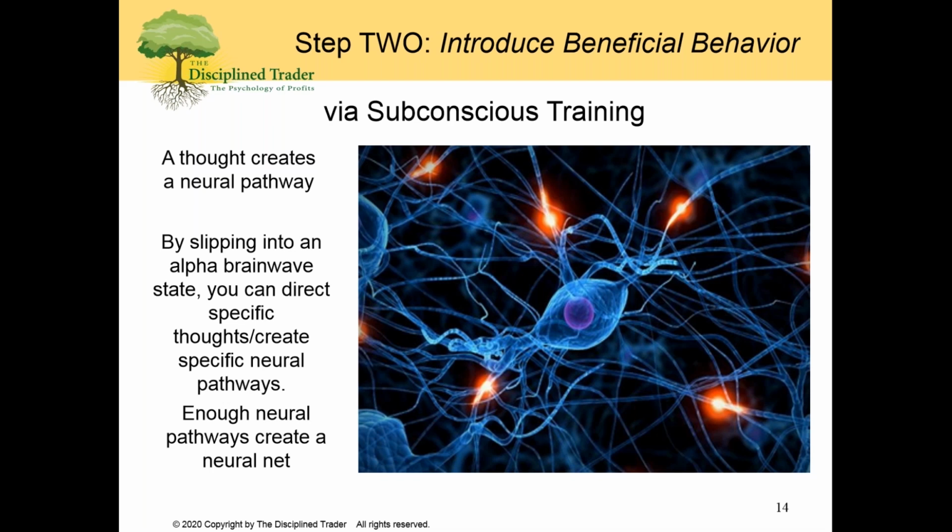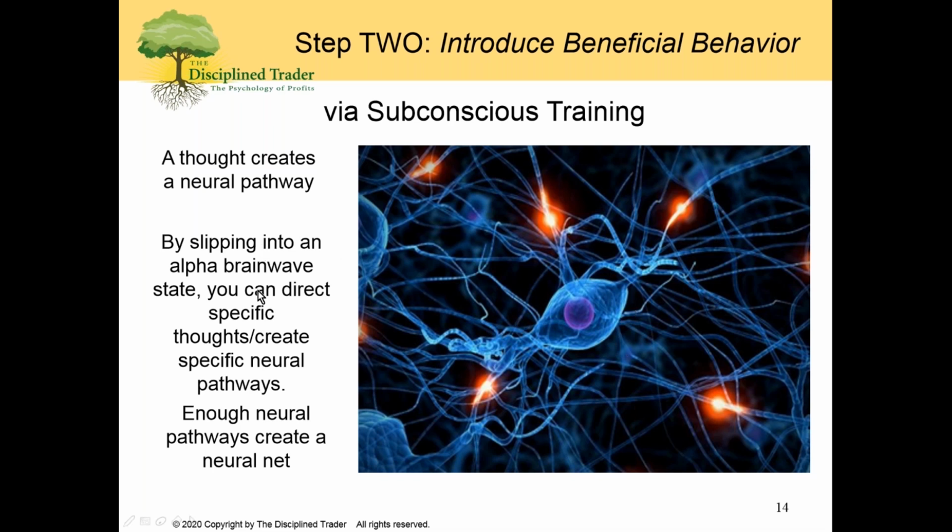So when you build a trading neural net with the behavior that serves you as a trader, then when the stimulus comes, it will replace the old neural net. Now it's your fresh neural net. And if you just do this subconscious training once or twice a week after that, to continue to support this neural net, you will wind up seeing that you no longer have the fear of taking the trade, or the fear of losing, and so on.